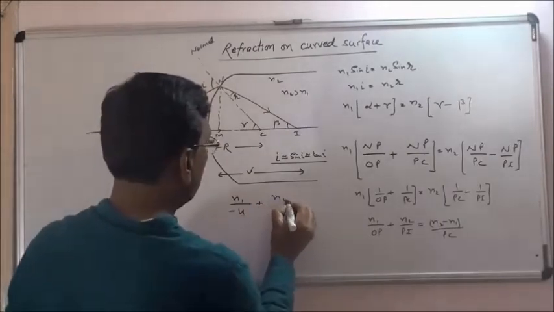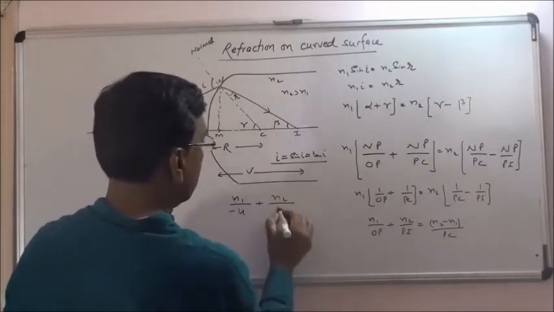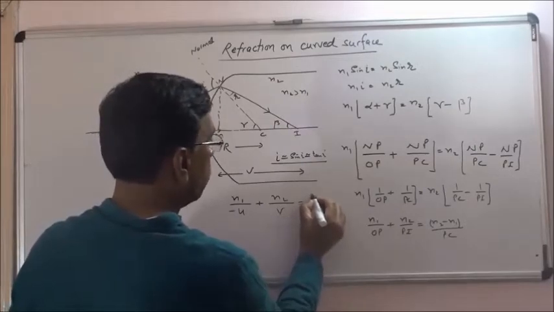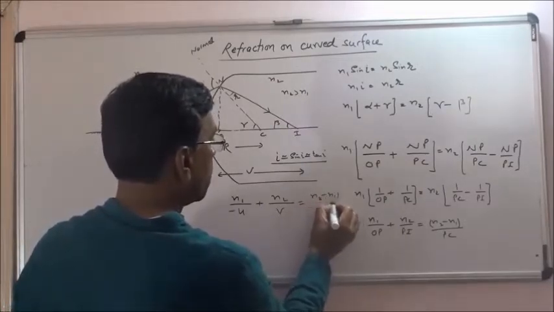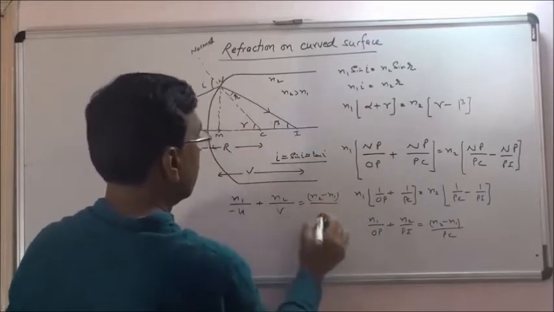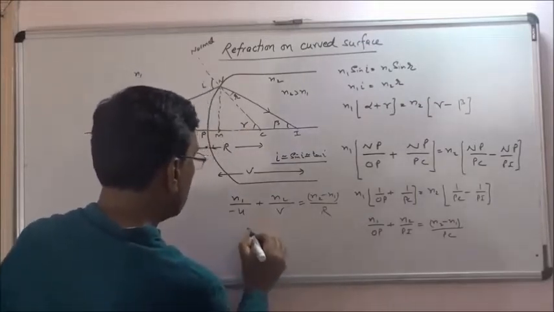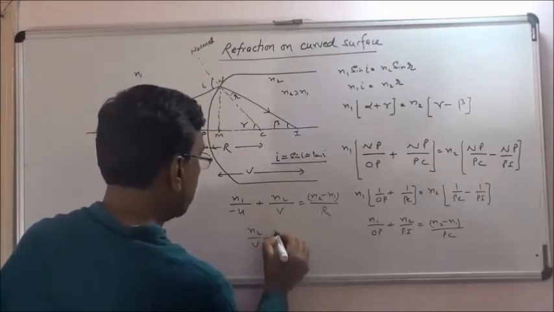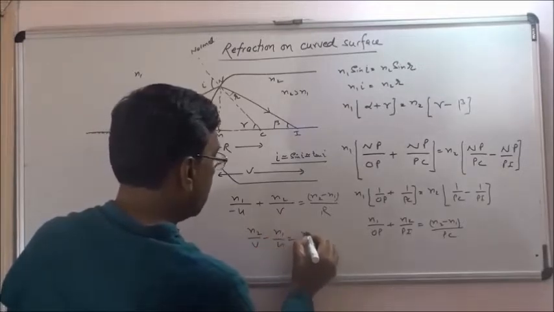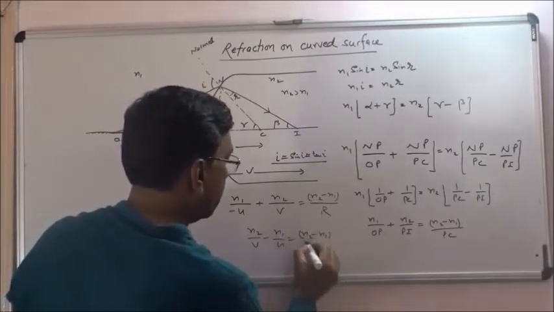Plus N2 by PI, V, is equal to N2 minus N1 upon R. So N2 by V minus N1 by U is N2 minus N1 by R.